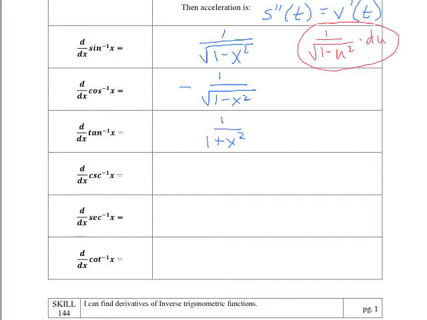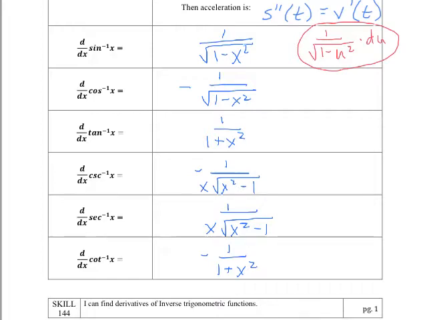Cosecant, we have negative 1 over x times the square root of x squared minus 1. For secant, we have the positive version of that. And then finally for cotangent, we have the negative of our tangent.